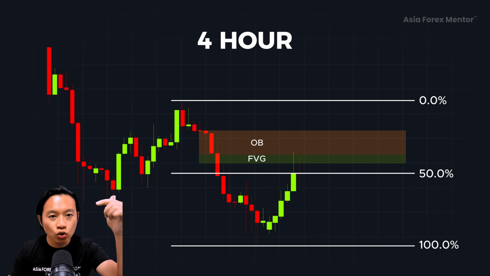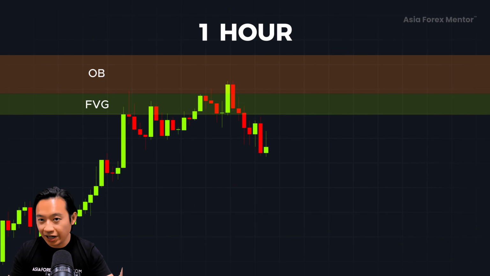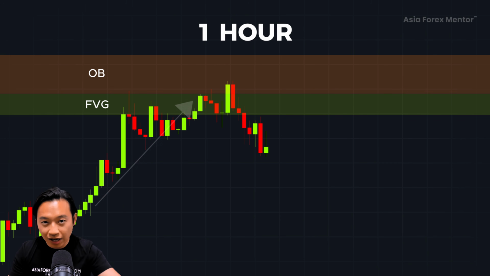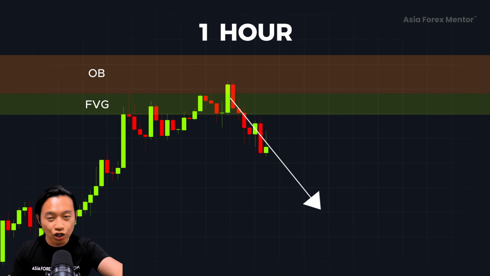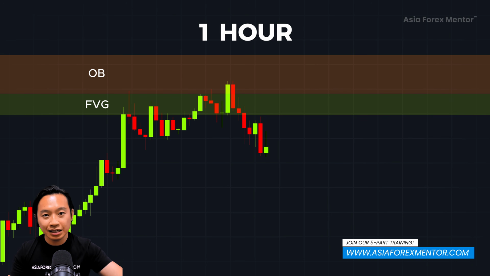Then you zoom into a lower time frame, such as the 1 hour chart, and that's where you observe the price action. This will help you identify potential entry signals and confirm the trade setup with better precision, right? So now, on the 1 hour time frame, we are looking for a price action signal indicating this short-term uptrend is over. So that's where you can see that price can continue to push lower in line with the higher time frame overall direction, right?